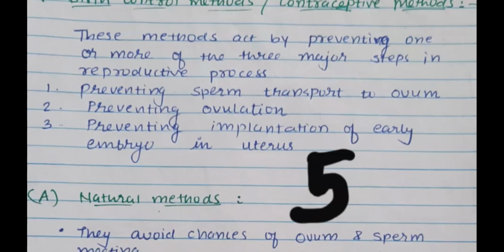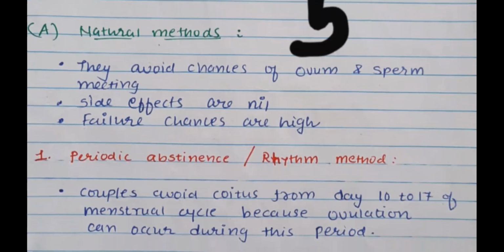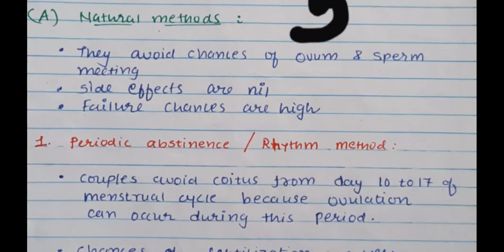So many different methods are there. The first method is the natural method. In that, no kind of device is used or placed with the reproductive structure to avoid fertilization, copulation, and other things. This type of method we call natural methods.